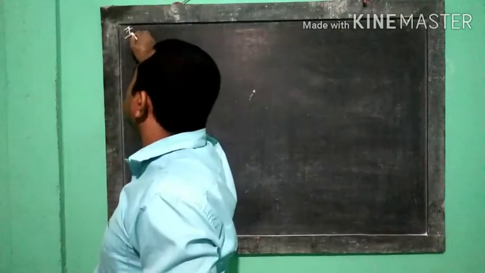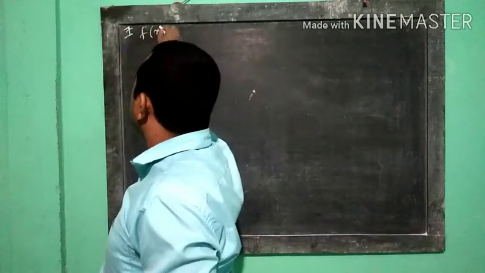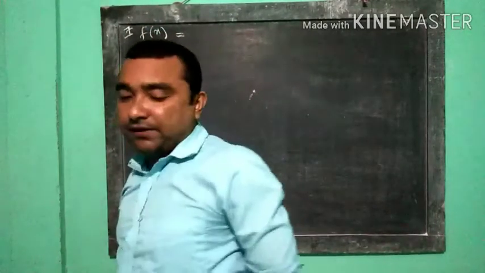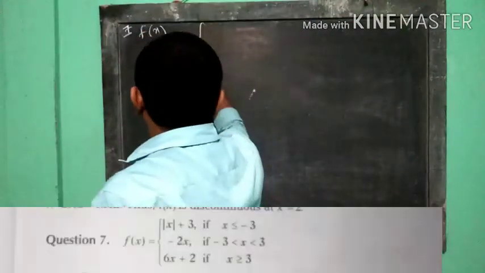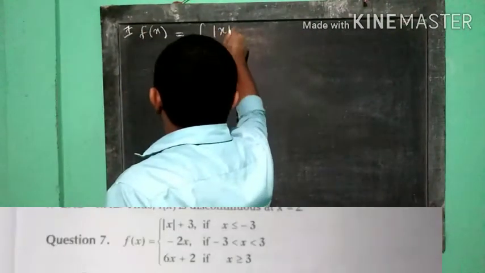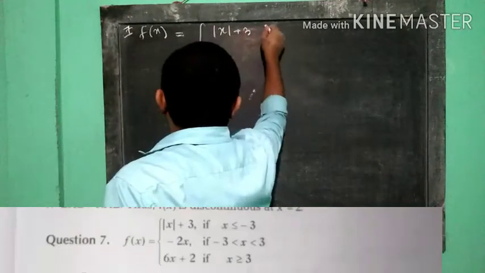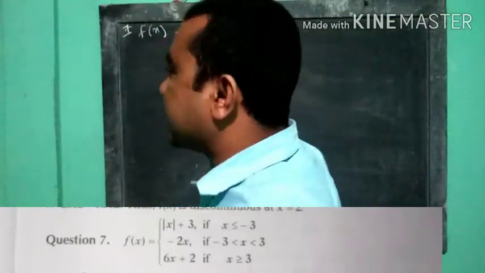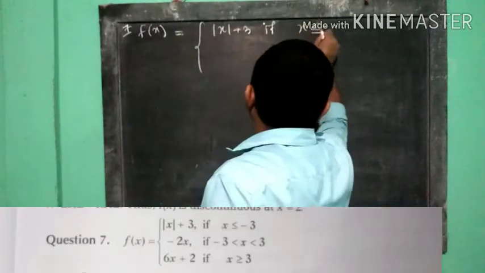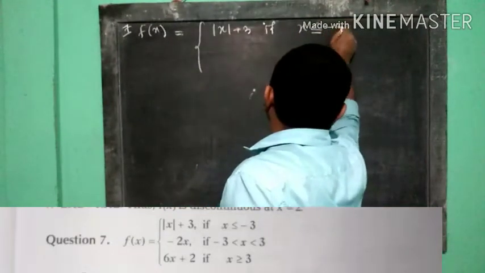Question number 7, function. First we write the function. What is the function? f(x) equals modulus of x plus 3, if x is less than or equal to minus 3.